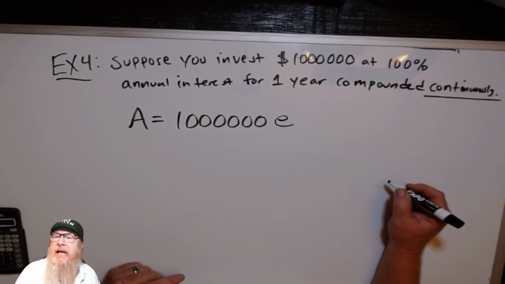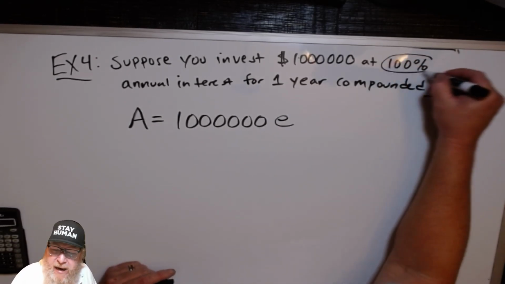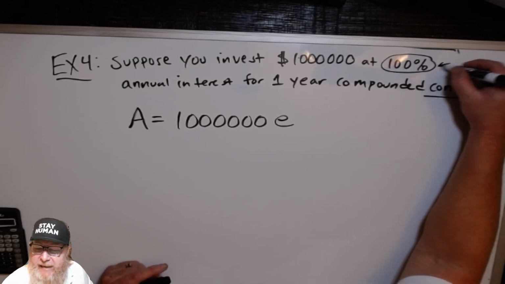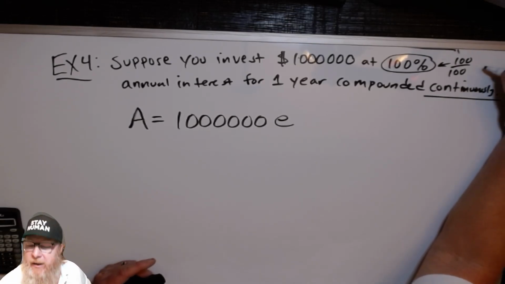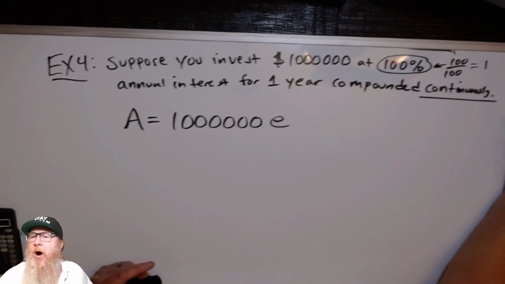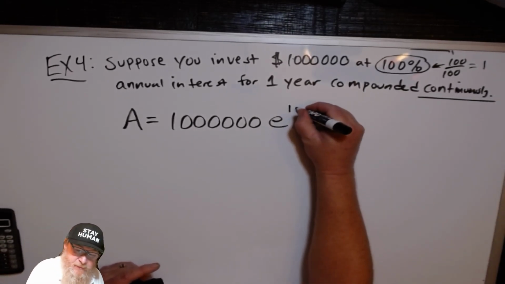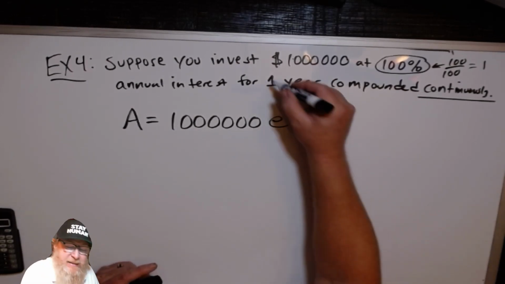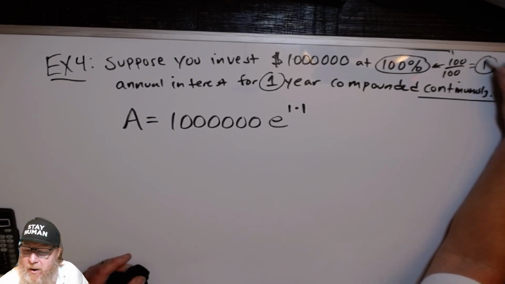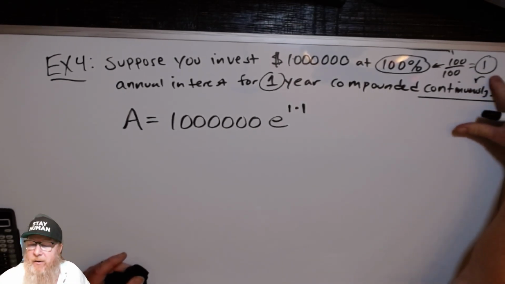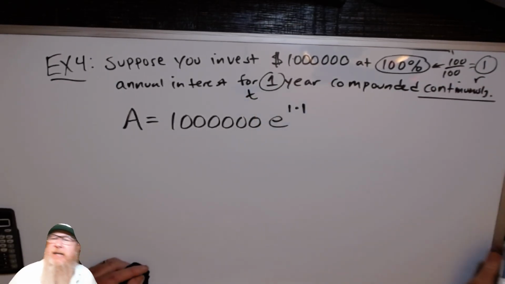So E. Now, interest rate, be careful, as a decimal, that's 100 over 100, which is just 1. And then my T is also 1. So here's my R. R is 1, and T is 1.